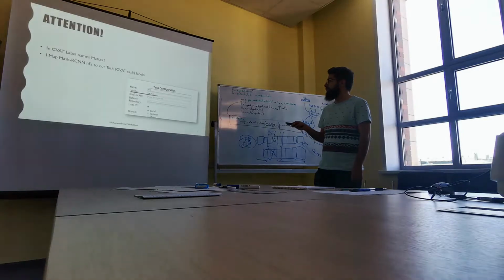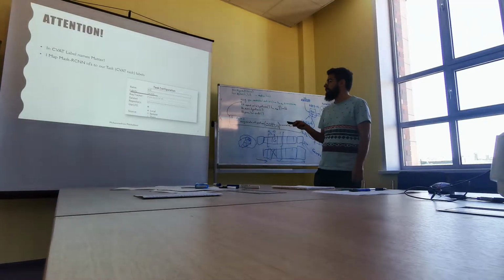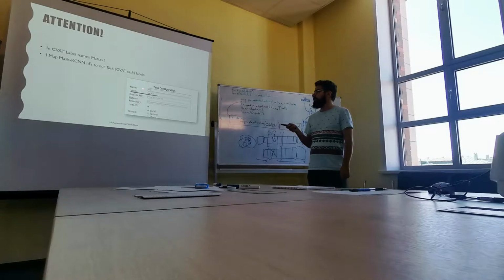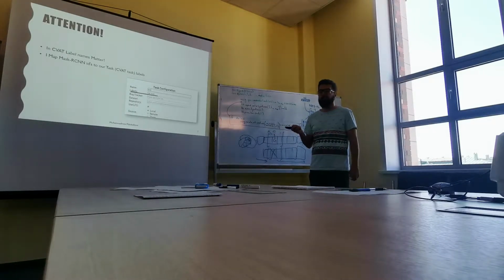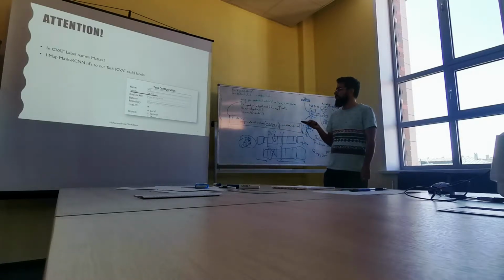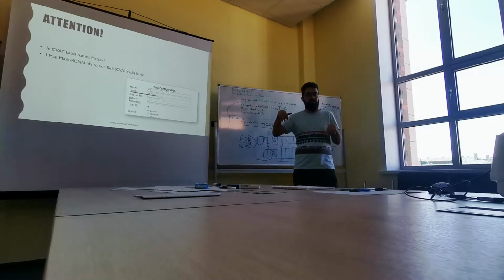There is one important thing about label names. It's kind of important: the spelling of the name, and all the labels that we want to be annotated. So we need to be careful to add all of the labels we want, and they will be mapped with integers to the labels of the model.